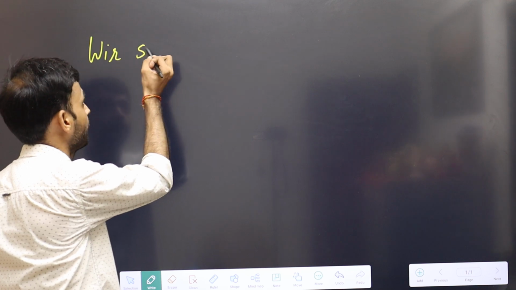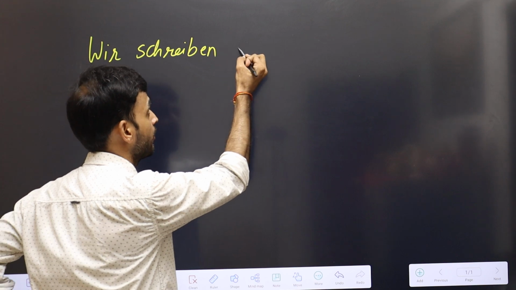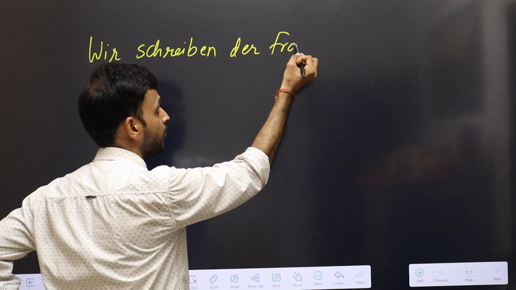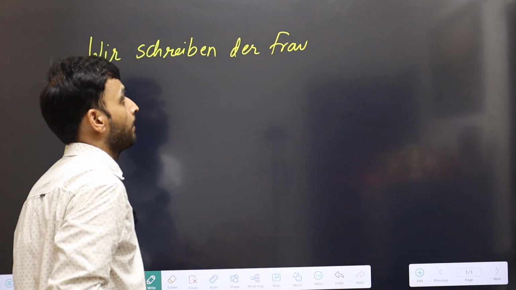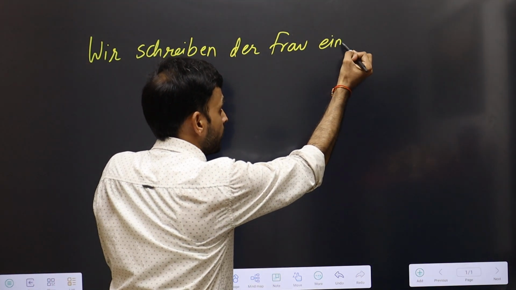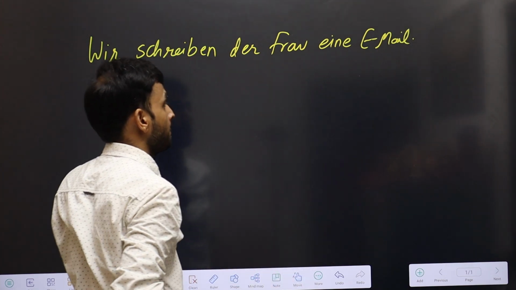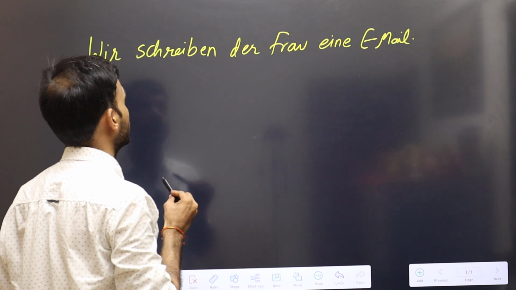Let's see another example. Wir schreiben der Frau eine E-Mail. We write the woman an email. So wir schreiben. Now what can we write?